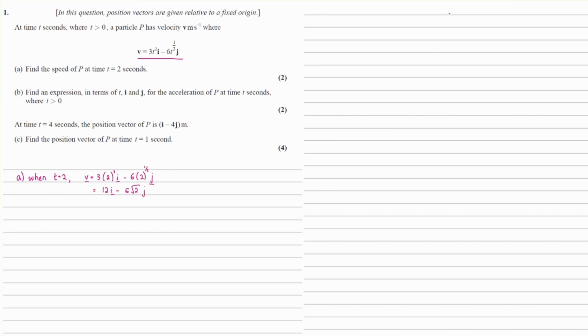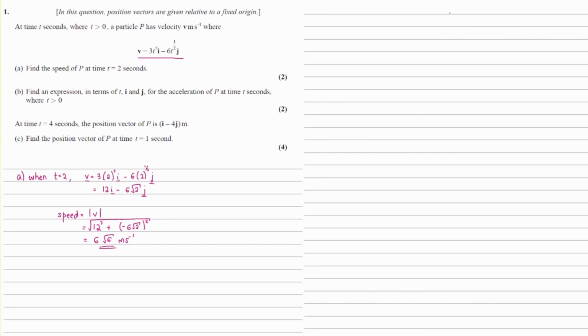So that is our velocity of the particle, and in order to find the speed, it is just the modulus of v. So we square 12 and minus 6 root 2 and find the square root. And if we put that into our calculator, that will give us 6 root 6 meters per second.